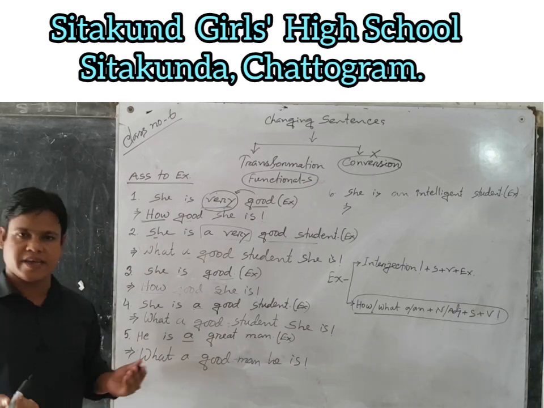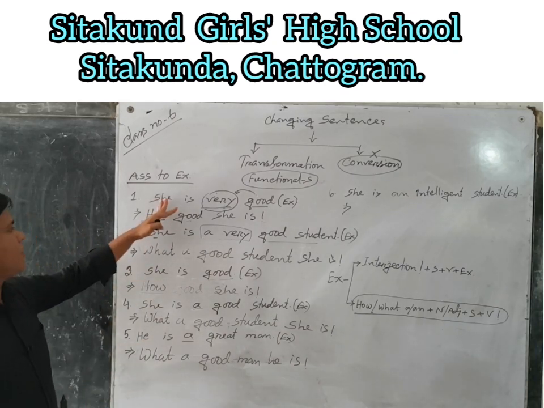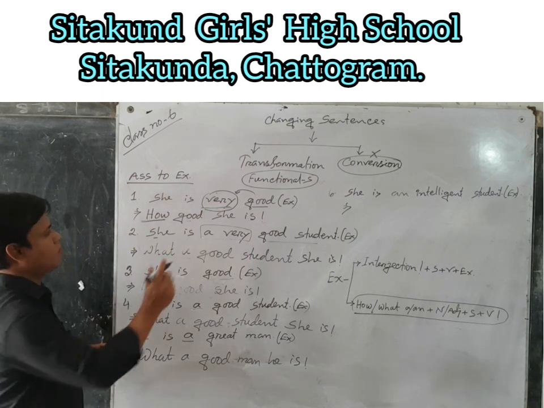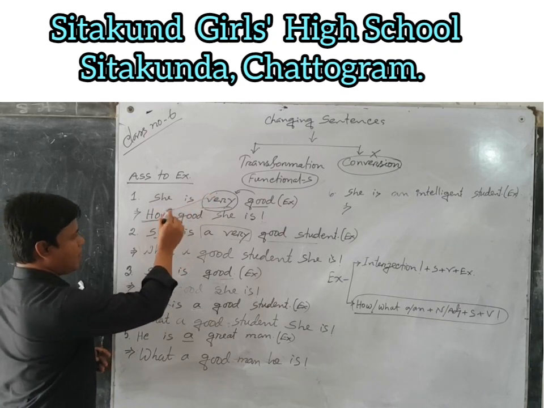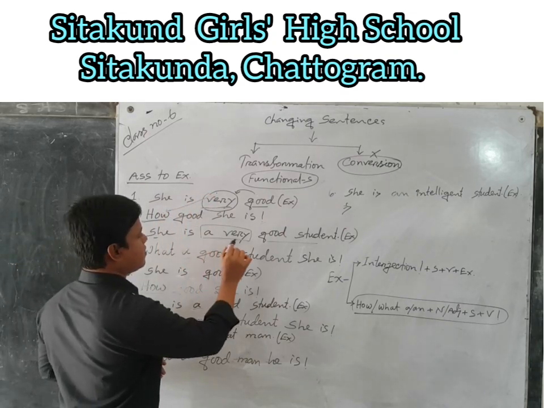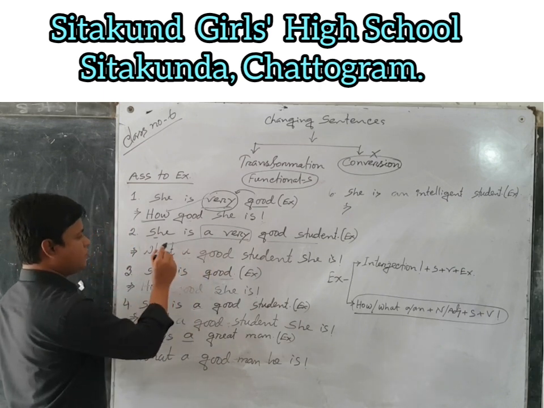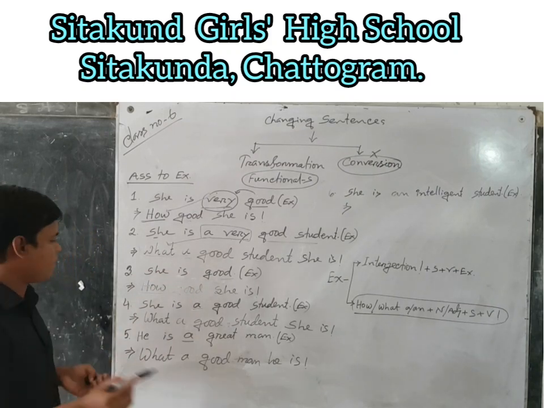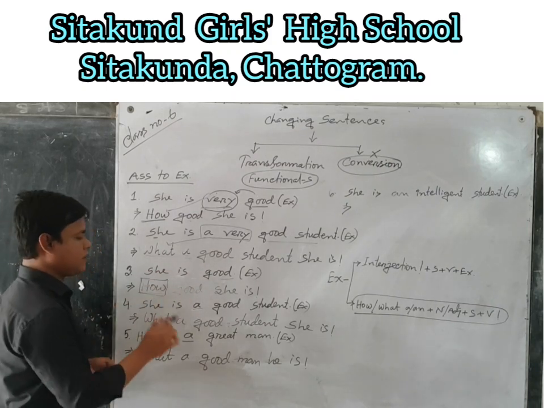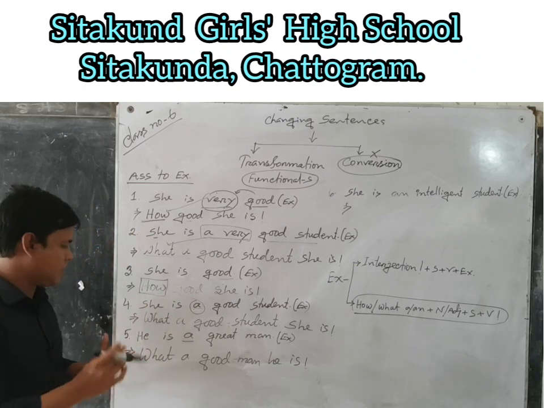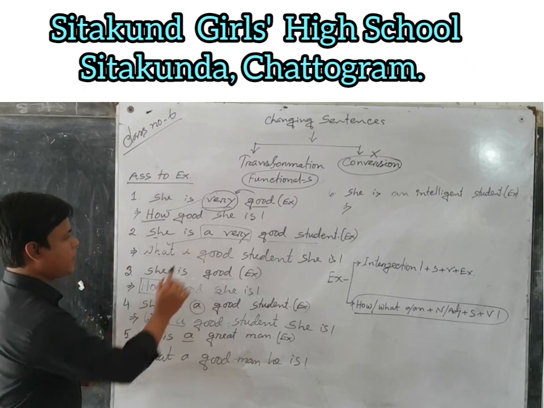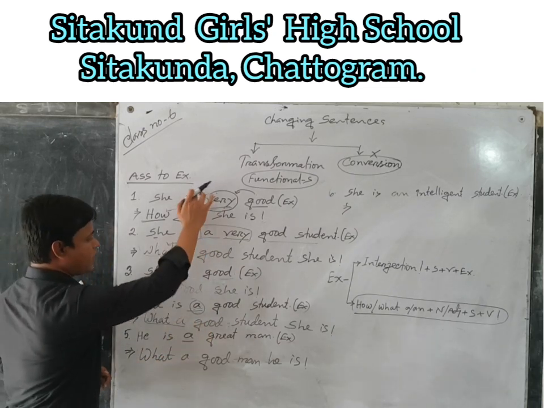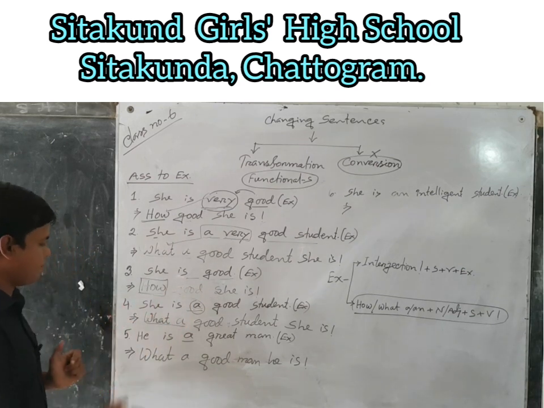I repeat the class again. Dear students, if we find very in the assertive sentence, instead of very we have to use how. If the word is a very, then we have to use what. And if there is no very and no article, then we have to use how, and if we find any article, then we have to use what. Very without an article, that means there is no article, same.